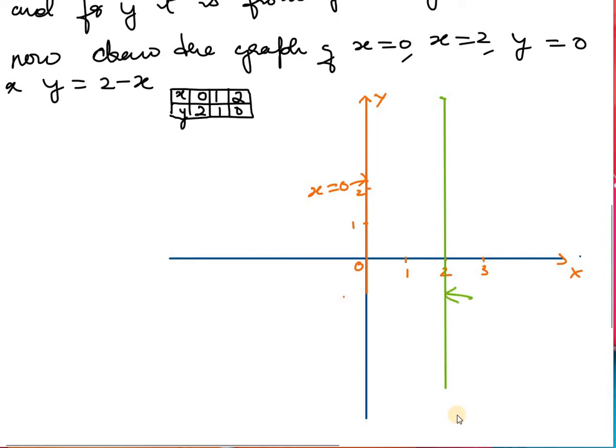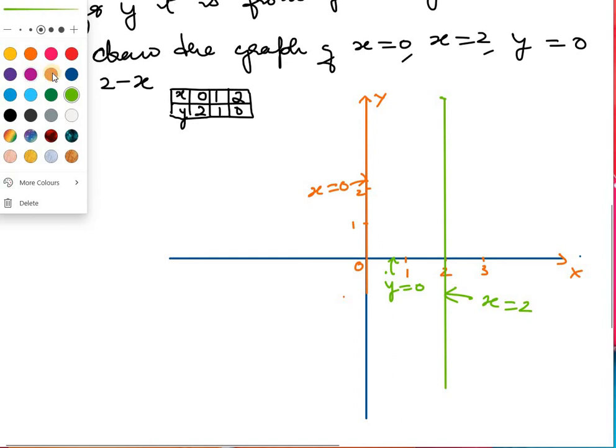So this is x equal to 2. Now y equal to 0 means what? It is along the x-axis. So this is y equal to 0. Now next let us draw the graph of y equal to 2 minus x and see what the values are.